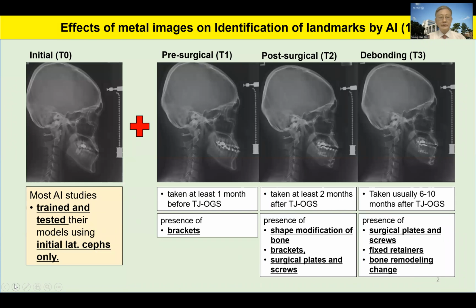Most AI studies have trained and tested their models using initial lateral cephalograms only. The accuracy of landmark identification by AI can be affected by the presence of a bracket and surgical plate and screws, fixed retainers, and bone remodeling changes in pre-surgical, post-surgical, and debonding lateral cephalograms.